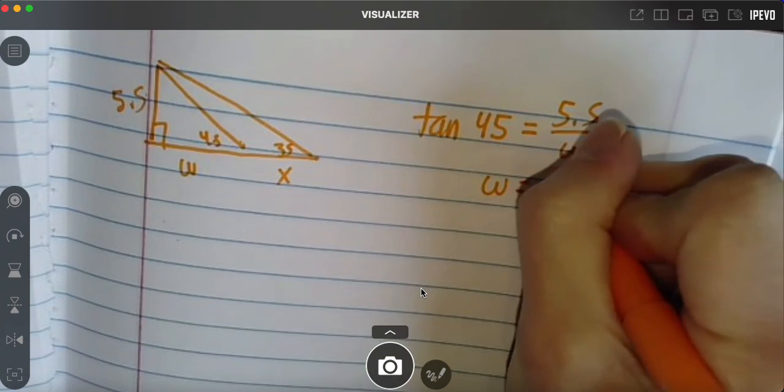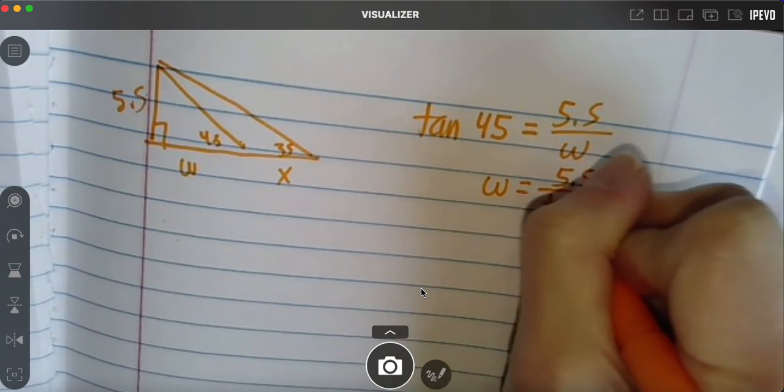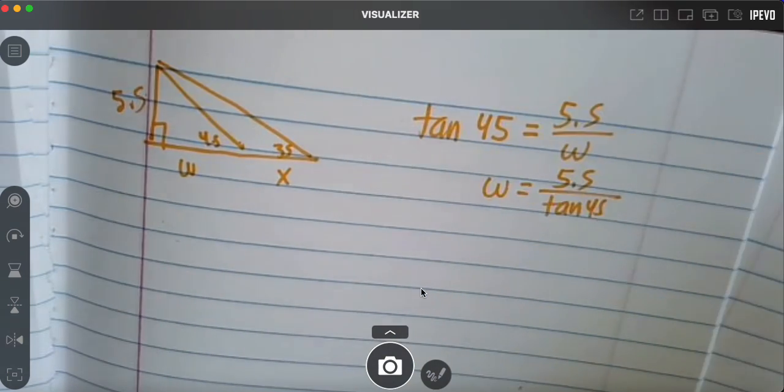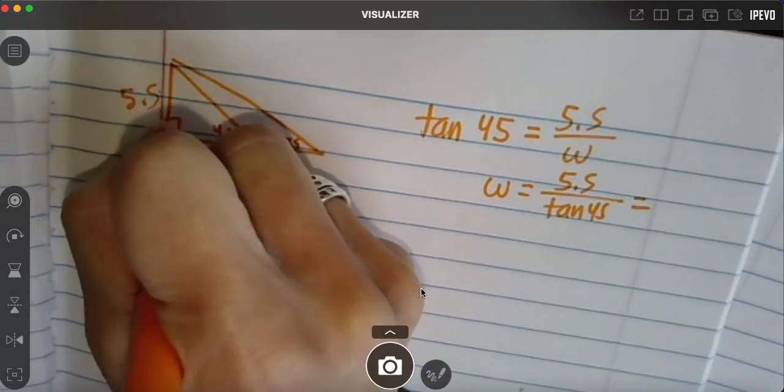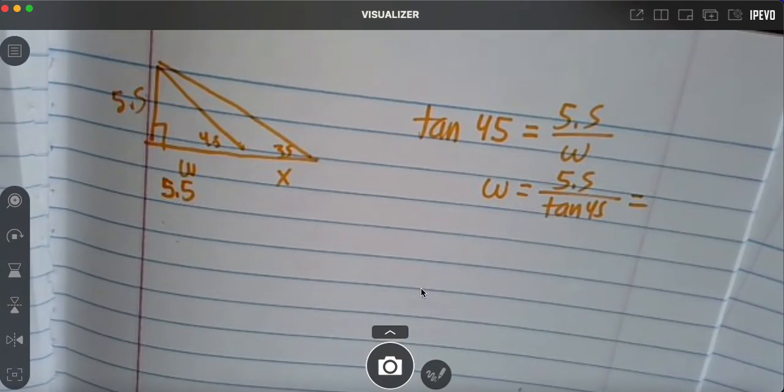So W equals 5.5 divided by the tangent of 45. How would you do that in our calculator? You would do 5.5 divided by the tangent of 45. I think the tangent of 45 degrees is 1. You'll learn that in advanced math. So you get 5.5. W is 5.5.